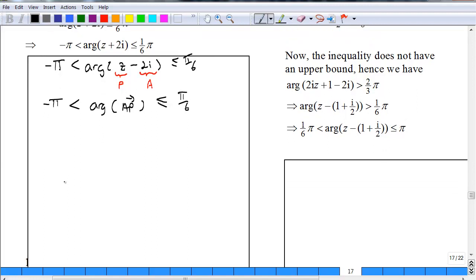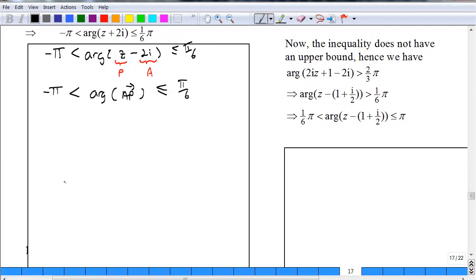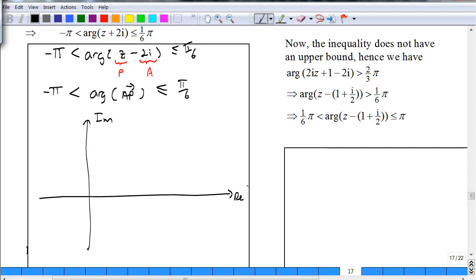Right, so let's mark out the point A first. You will have the imaginary, you will have the real. 2i is here, right?